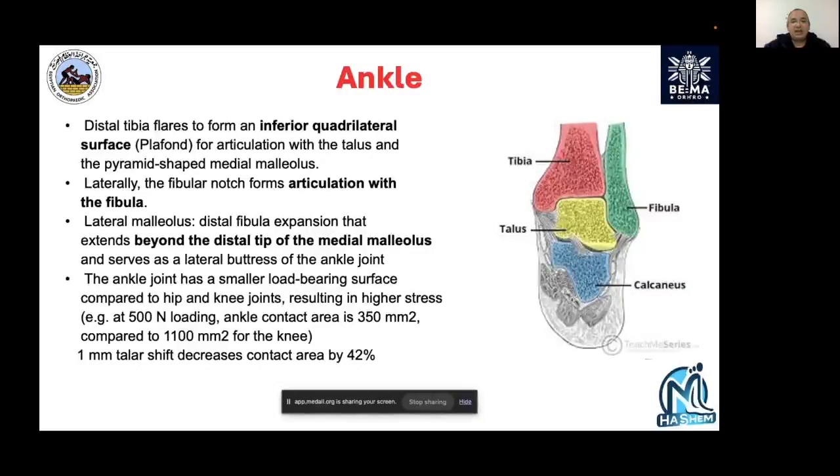If you see the shape here, the ankle, as you see, is a whole box with very good articulation, very good conformation between the surfaces. This is what makes no point loading in the ankle, which is not the case in the knee. In your knee, there is a point loading.